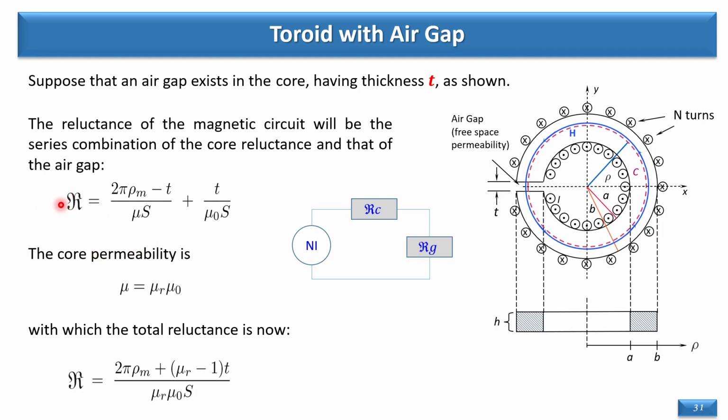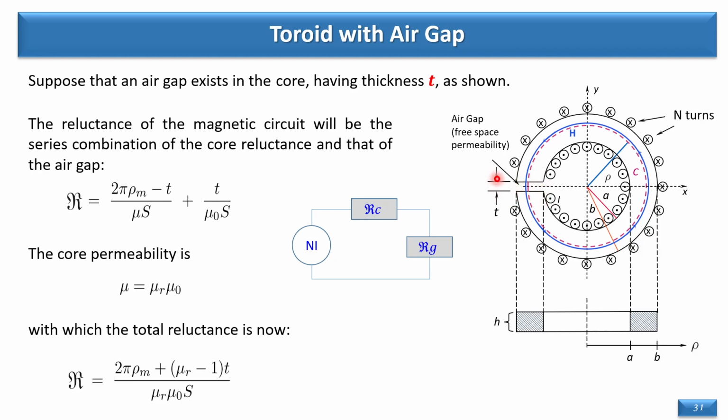So the core reluctance equals the length here, 2 pi rho minus gap thickness T, divided by mu S. For the gap, the length is T, divided by mu naught, because it's air, multiplied by S. Here we assume the gap is very small so that we don't have fringe effect.